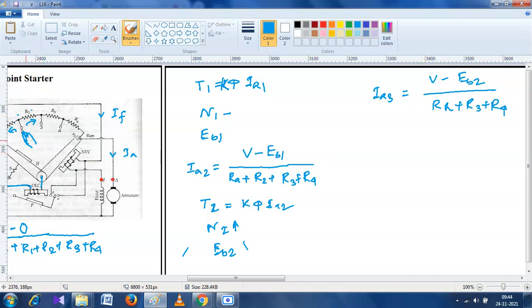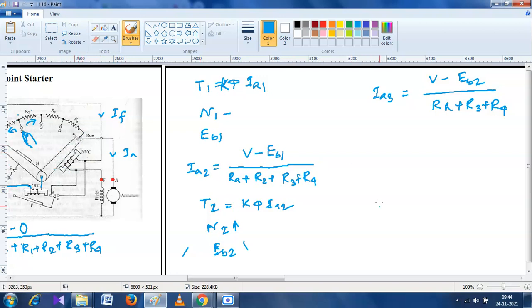So by moving the lever from 1, 2, 3, 4, we will reach position 5, the final position. This is the position now.